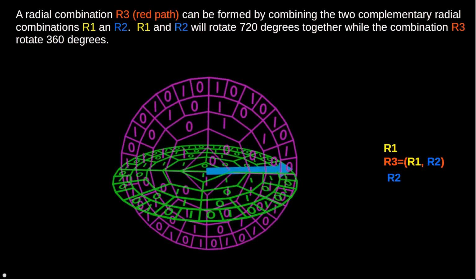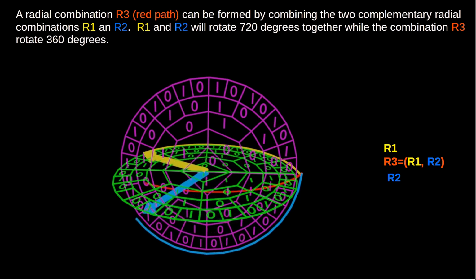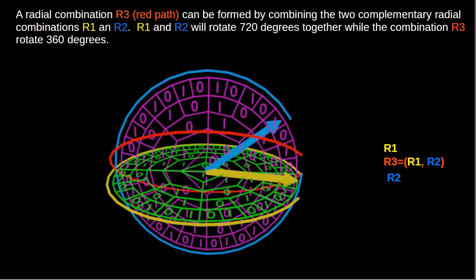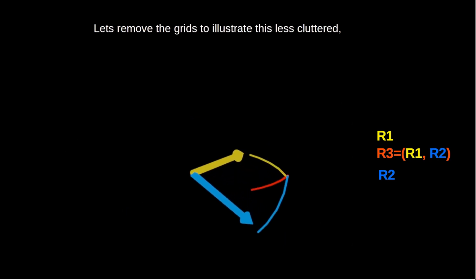A radial combination R3, red path, can be formed by combining the two complementary radial combinations R1 and R2. R1 and R2 will rotate 720 degrees together, while the combination R3 rotates 360 degrees. Let's remove the grids to illustrate this less cluttered.